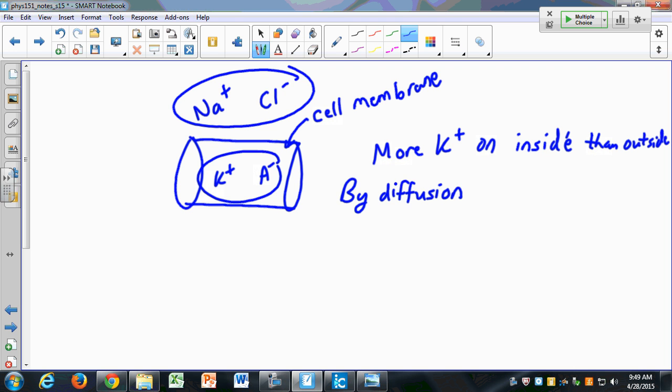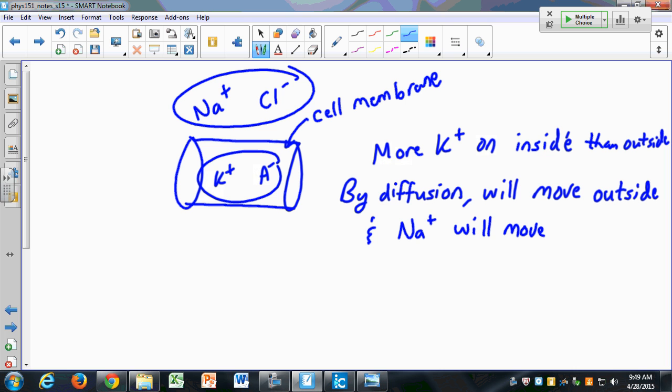Diffusion is just this process where these ions can move through the cell membrane. So by diffusion, these potassium ions will move outside. And in a similar way, the sodium ions will move inside the cell membrane.